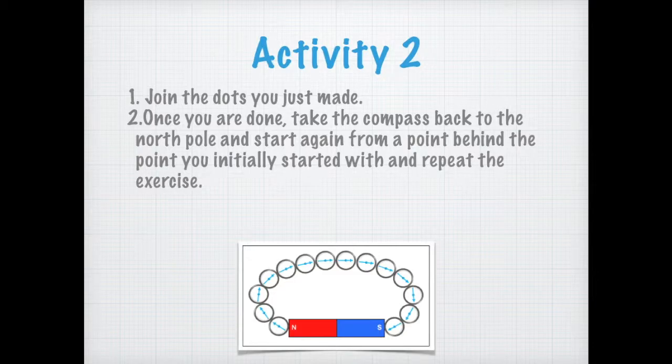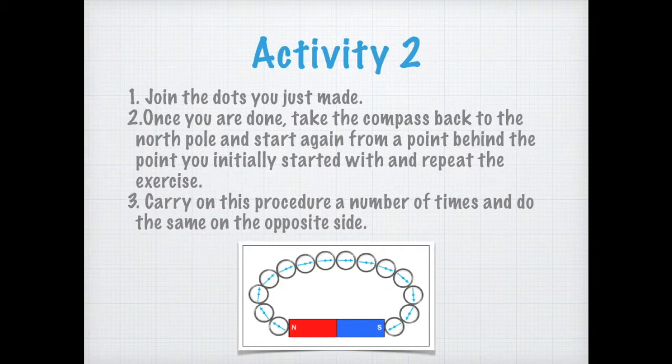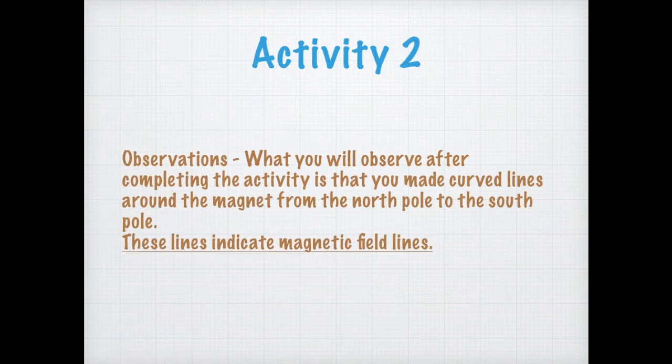Once you're done, take the compass back to the North Pole and start again from a point behind the point you initially started with. Like don't start with a corner, start with a point a little bit beyond the corner, like in the middle of the magnet, just for your own knowledge. Then carry on doing this procedure until you make more lines.